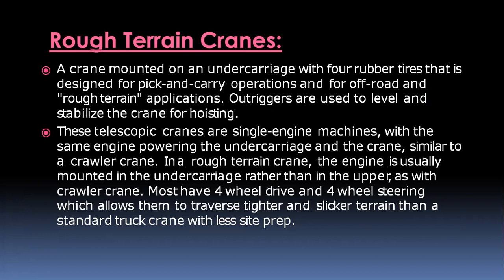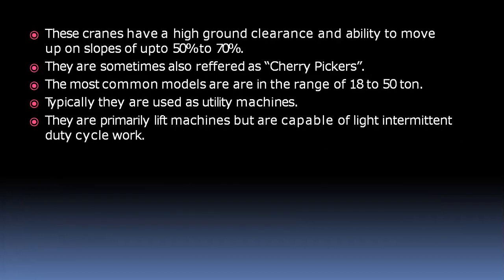In a rough terrain crane, the engine is usually mounted in the undercarriage rather than in the upper, as with a crawler crane. Most have four-wheel drive and four-wheel steering, which allows them to traverse tighter and slicker terrain than a standard truck crane with less site preparation.